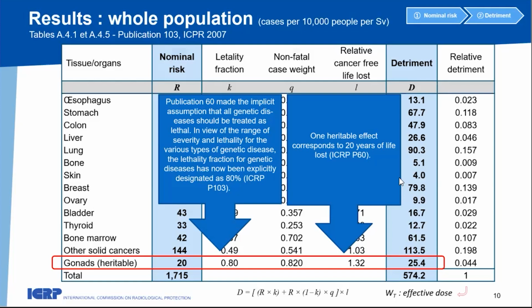But of course, if we put a strong lethality factor, then you can forget about the weighted factors because there is no significant impact. But on the other part, if we have a large number of small genetic mutations, but where people can live without major problems, then it's another issue.